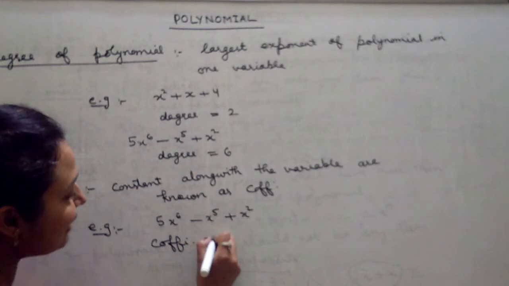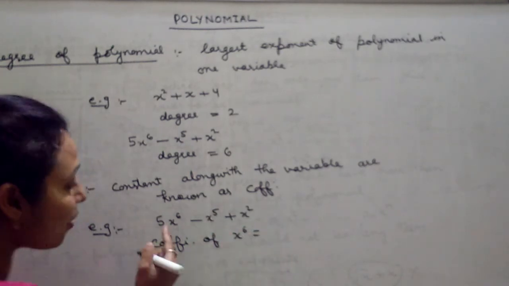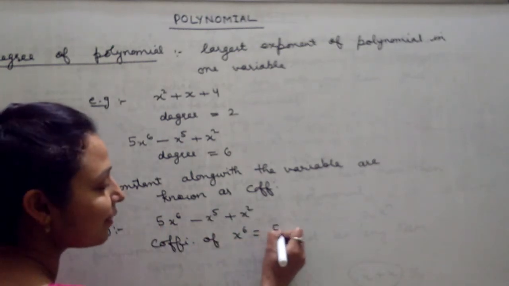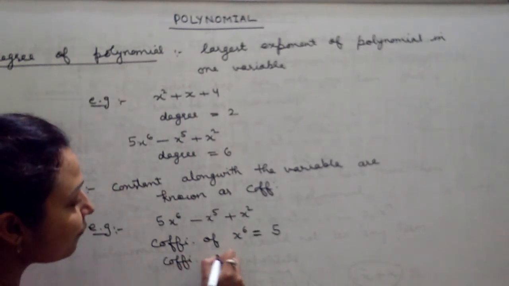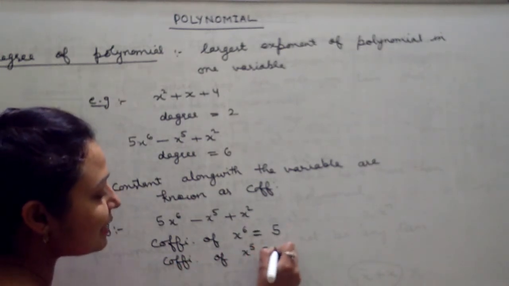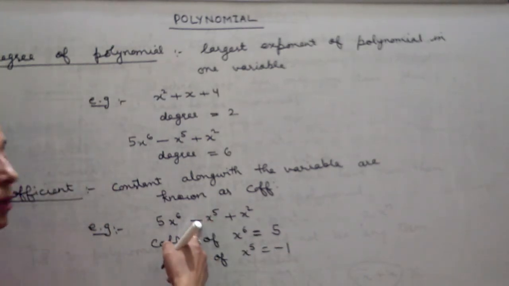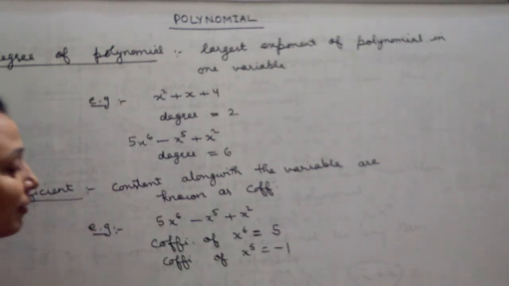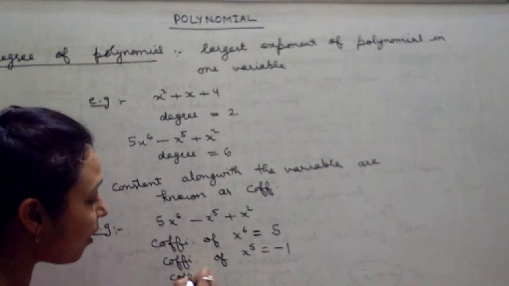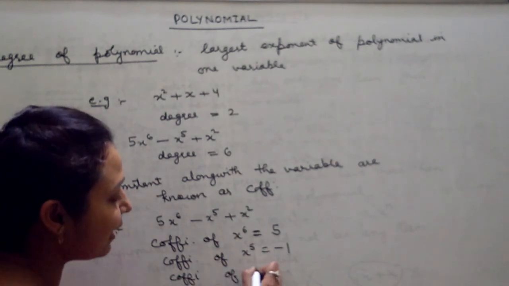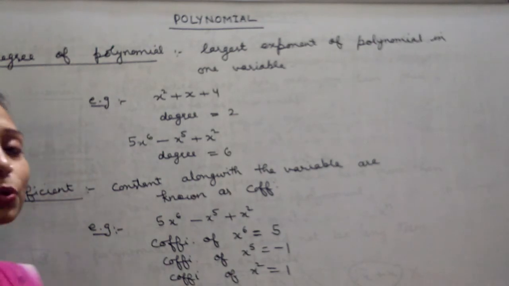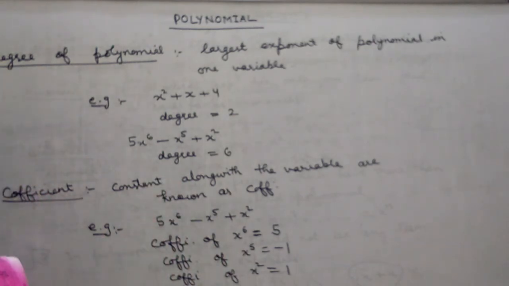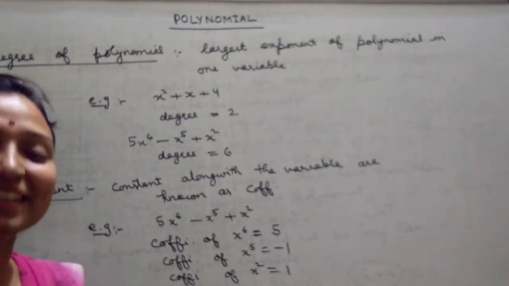The coefficient of x to power 6 is the constant along with it, that is 5. The coefficient of x raised to power 5 is negative 1, because there is only negative 1 along with x^5. The coefficient of x square is 1. So these are the coefficients. The first exercise is totally based on these coefficients and degrees. Okay, thank you.